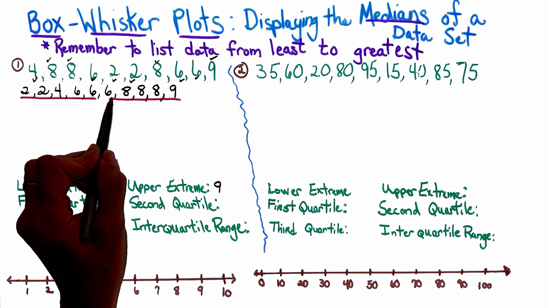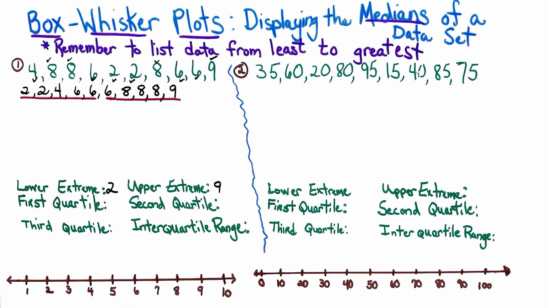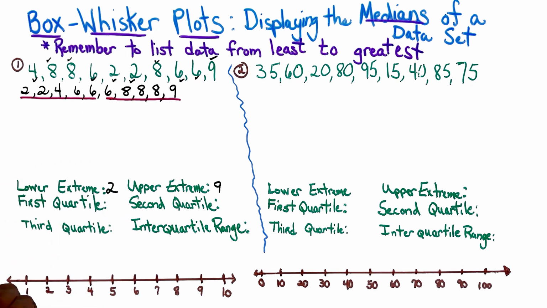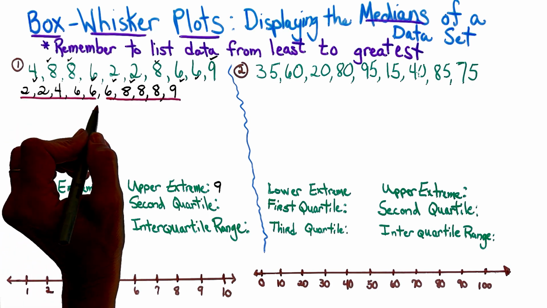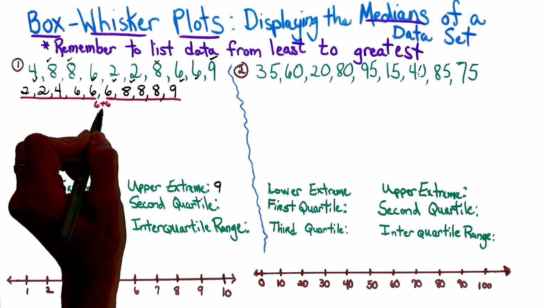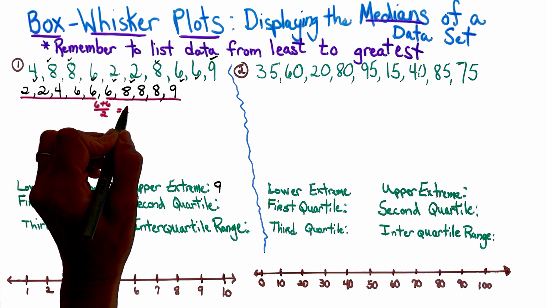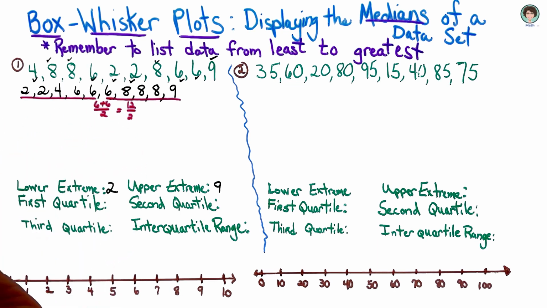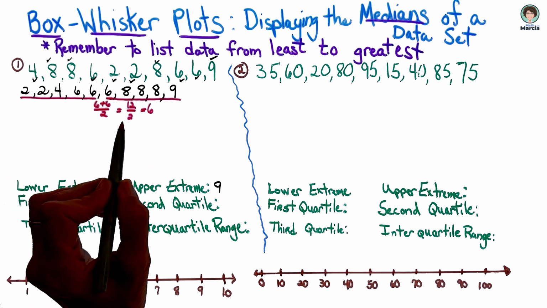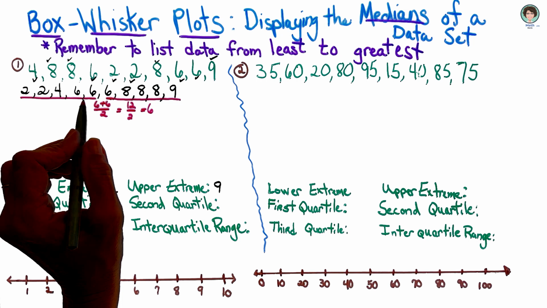And since I have an even number of data points, the median is just going to be 6, but I'm going to do the math for you. So 6 plus 6, just in case the numbers aren't that easy, and we're going to divide it by 2. So we do get 12 divided by 2, and so our median is a 6.